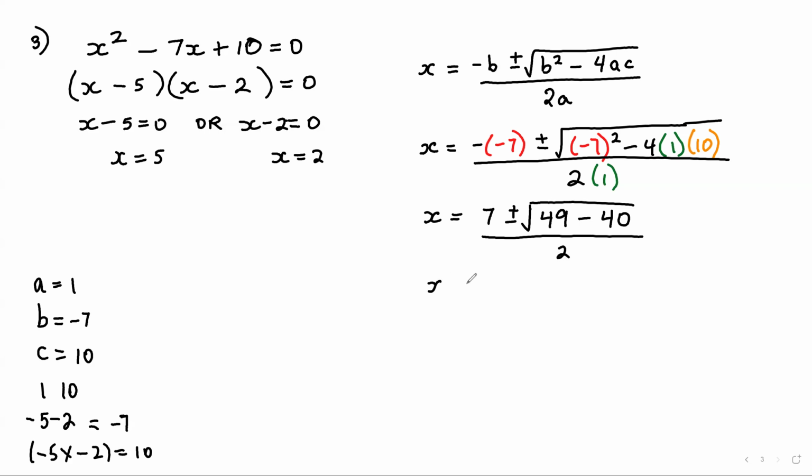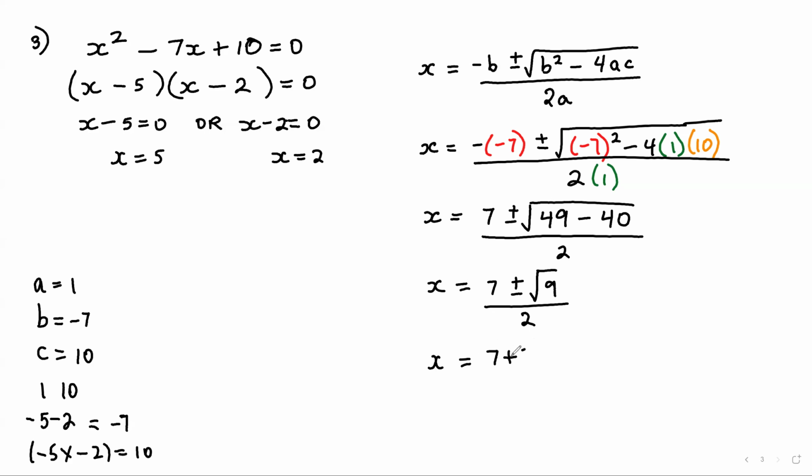Cool. So now we simplify again. So we still have 7 plus or minus because we're not doing anything there as yet. 49 take away 40 is 9. All of that over 2. All right. So now you can split it up. So it'll be 7 plus, what is the square root of 9? 3. Yes.